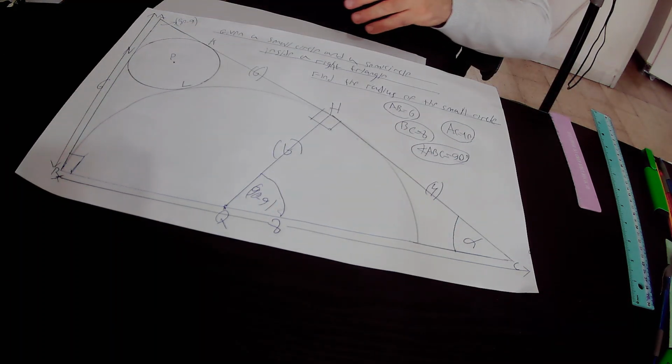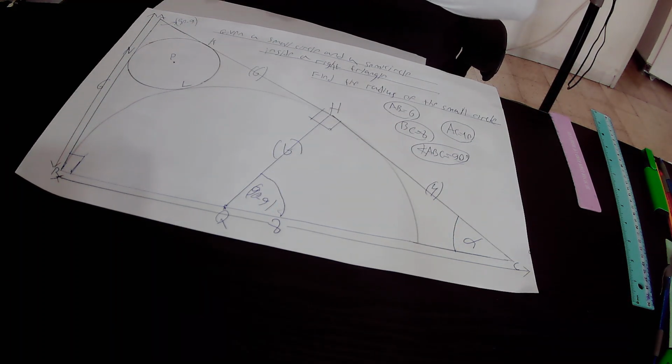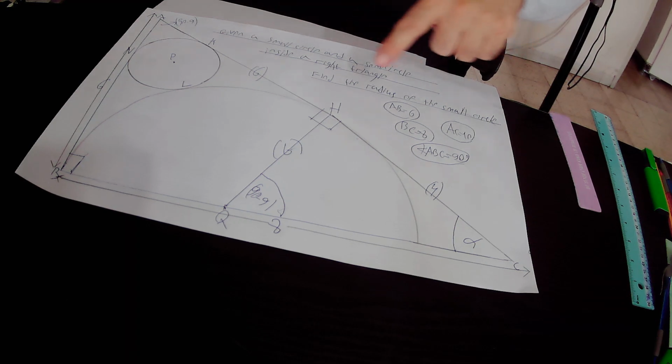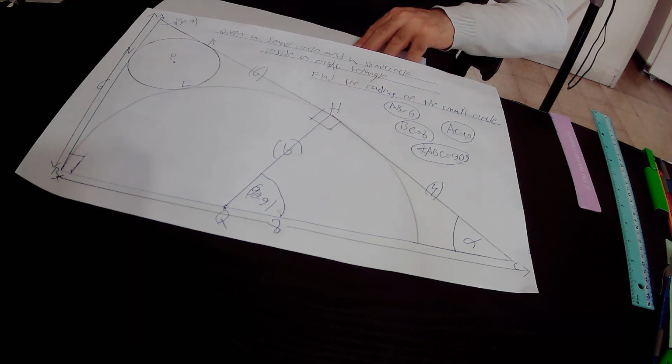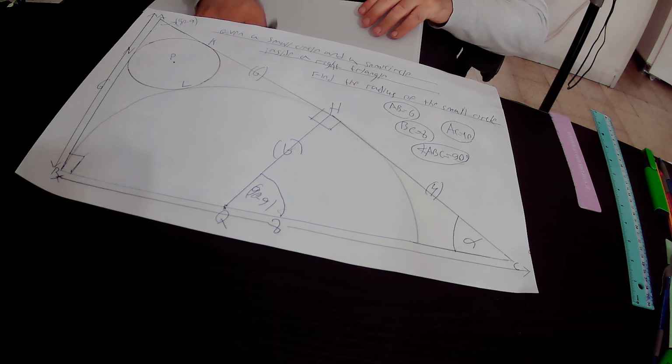And from the fact that the big right triangle ABC is similar to this small right triangle HQC, we will derive that the following relationship exists between their sides.